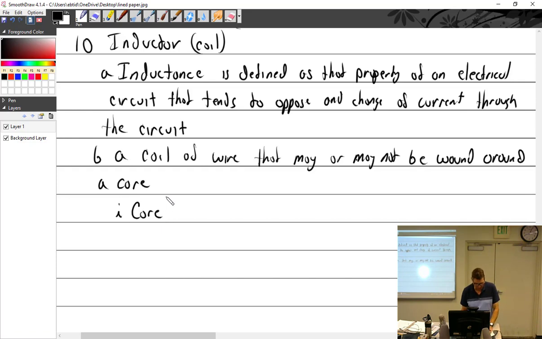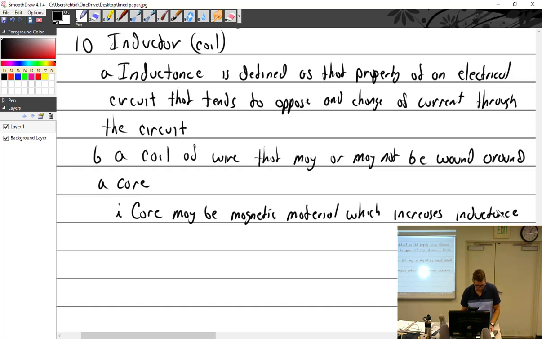So a core may be magnetic material, which increases inductance and magnetizes the core. The core doesn't have to be magnetic.